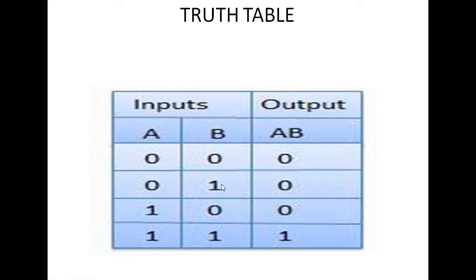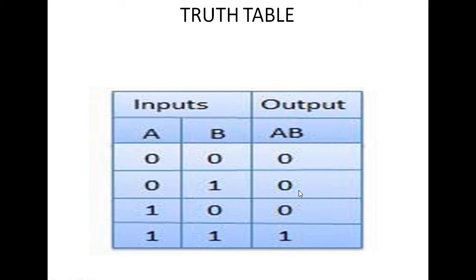If A is 0, B is 1, the output is 0. If A is 1, B is 0, the output is 0. If both A and B are 1, the output is 1. That means in case of AND gate, if both the inputs are 1, the output is 1. Otherwise, in all the cases, the output is 0.